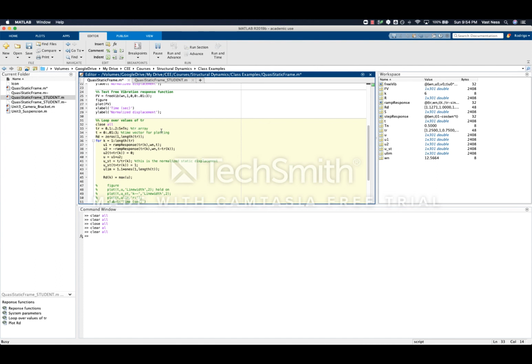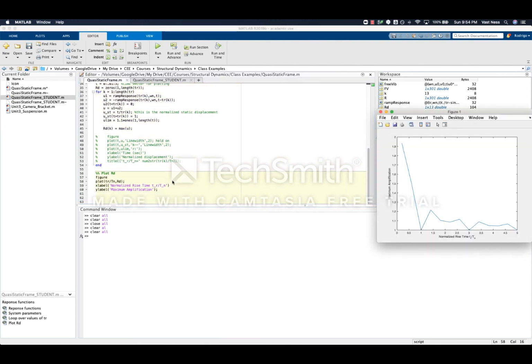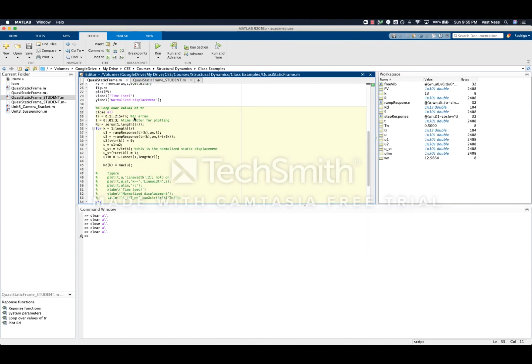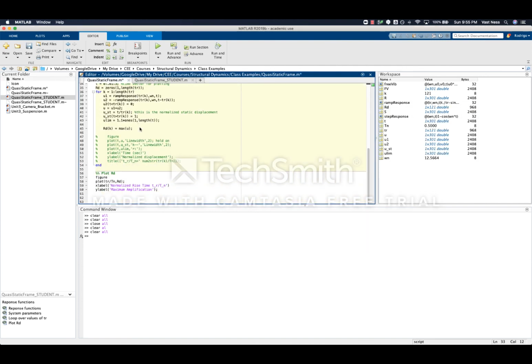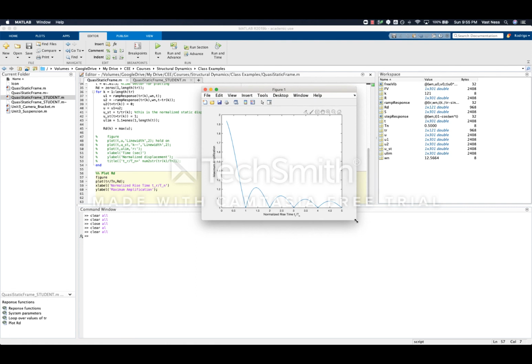So I'm going to rerun this and then run this function. That didn't work so well. Let's try it again. Let's have a finer resolution here. There we go. So that worked a lot better.